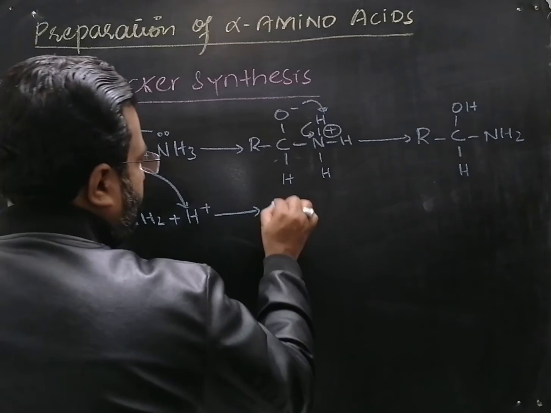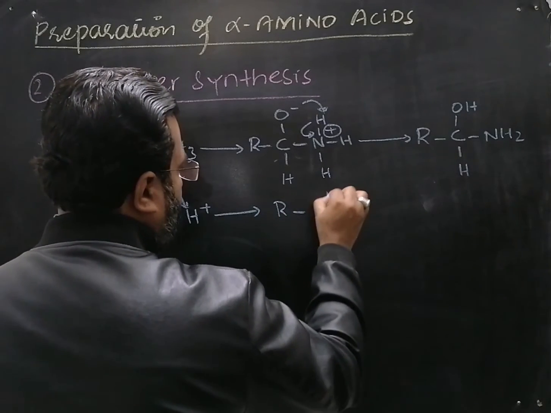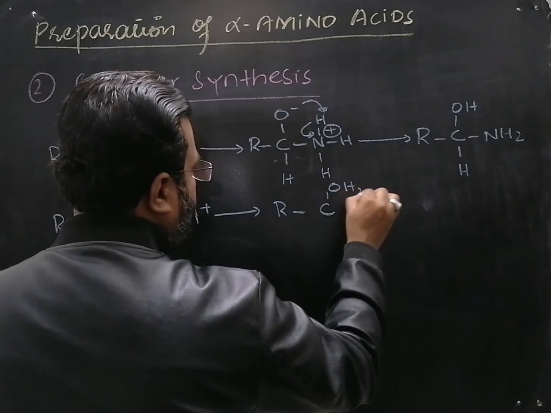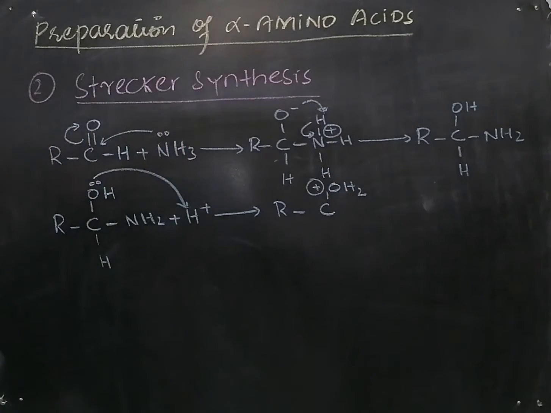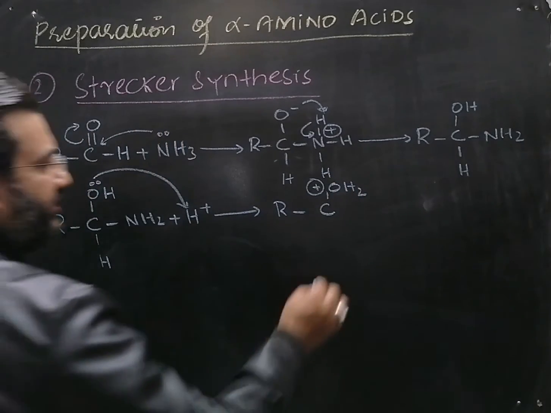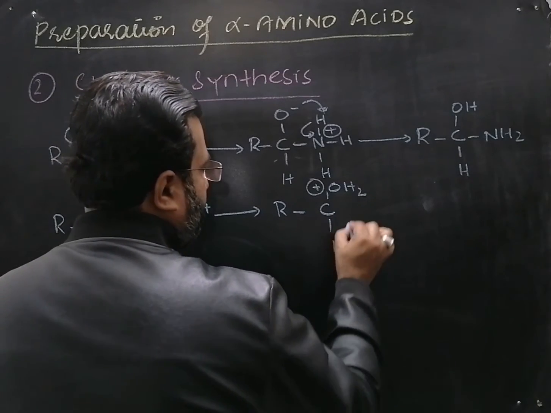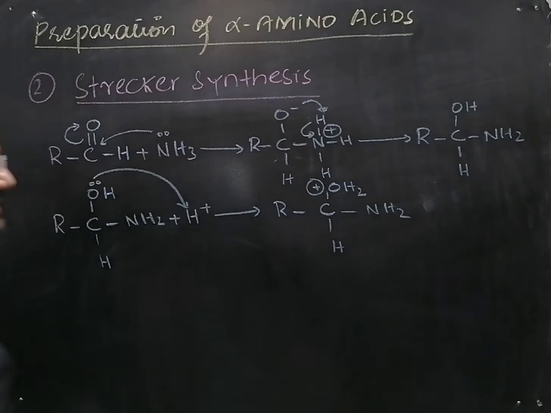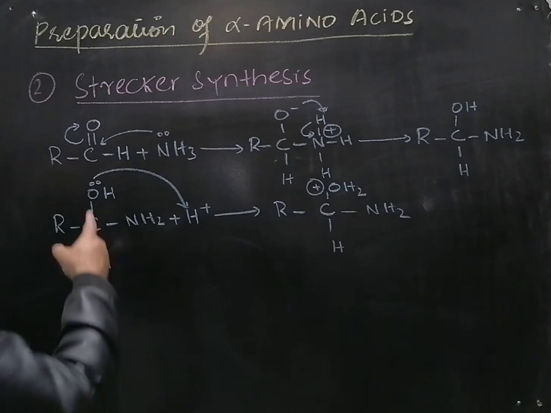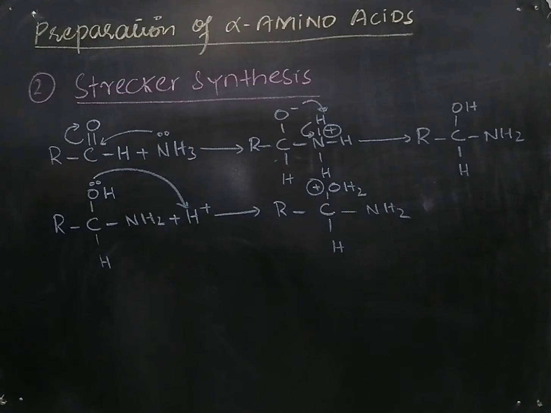After protonation, it will become OH2, and because it has used its lone pair, this oxygen will again get a positive charge. This will be the product formed after the protonation of this oxygen.